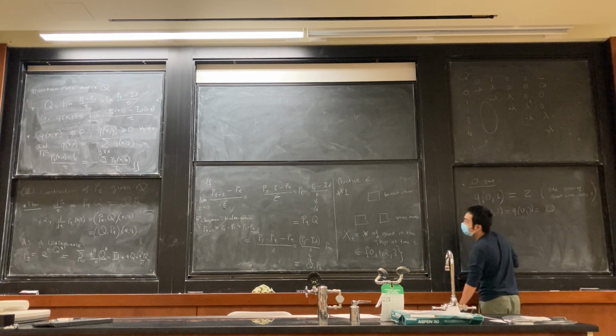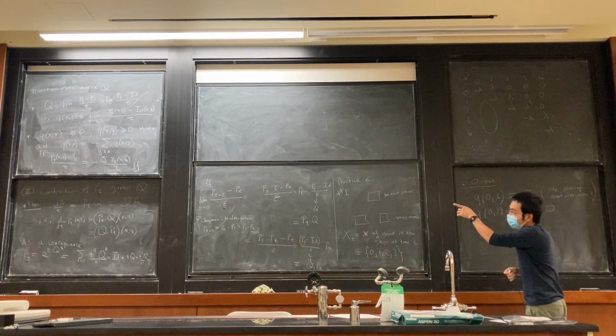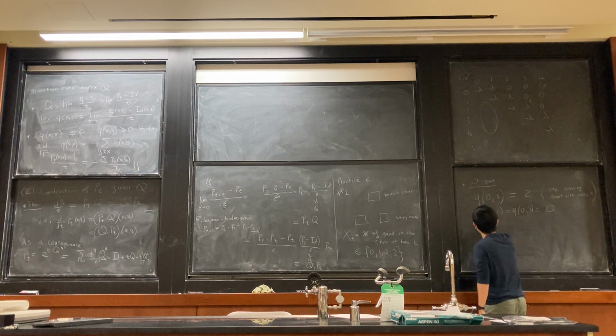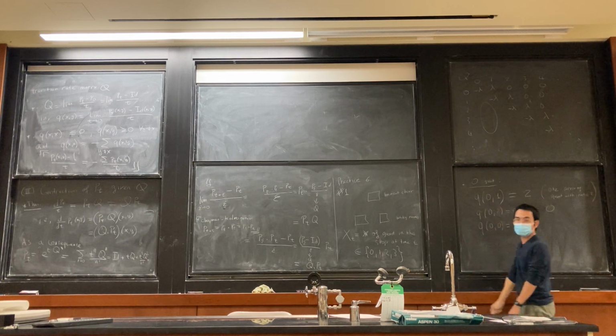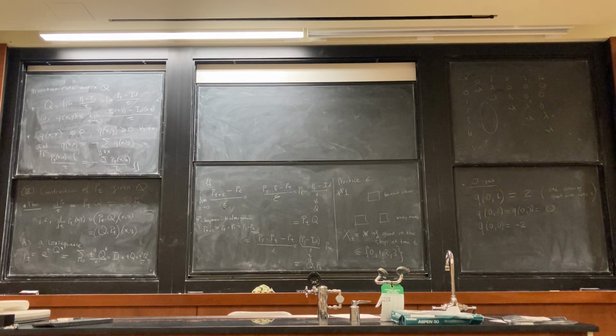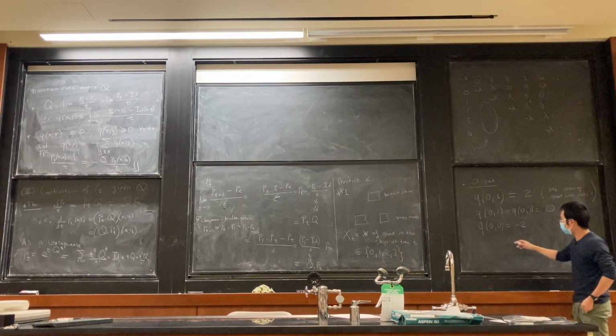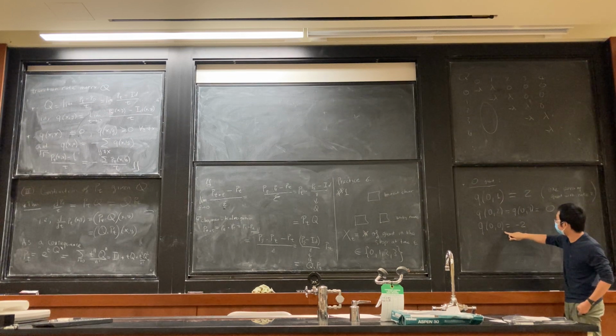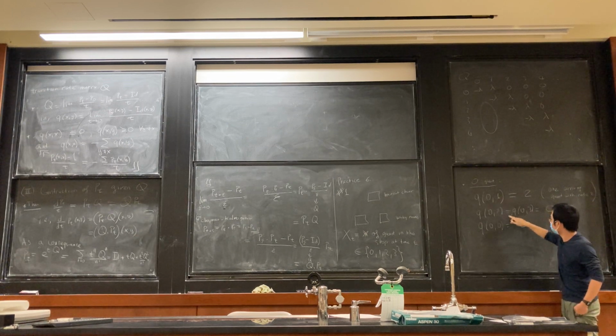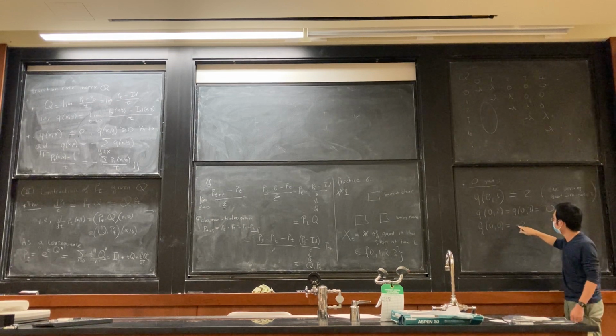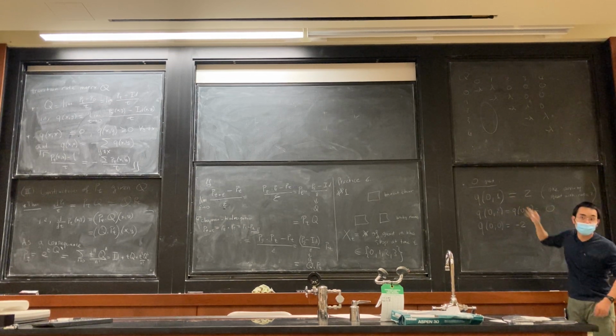As a consequence, from the fact that the sum has to be 0, Q(0,0) is negative 2. So you don't really have to think about this. All you have to think about is where I can jump to. Then the main diagonal will be just the negative of that sum.